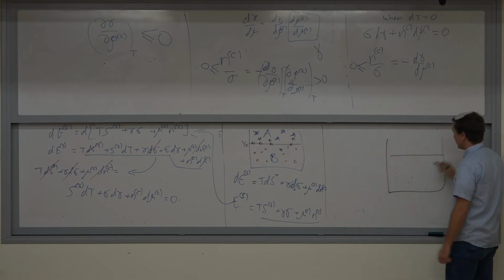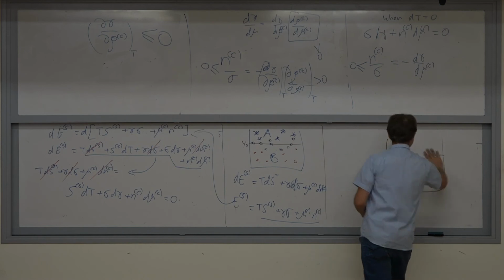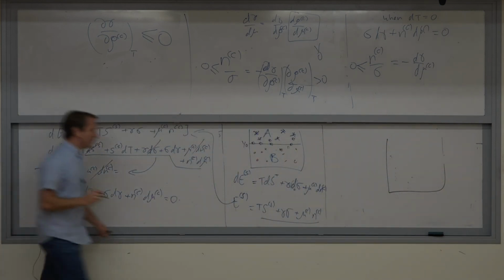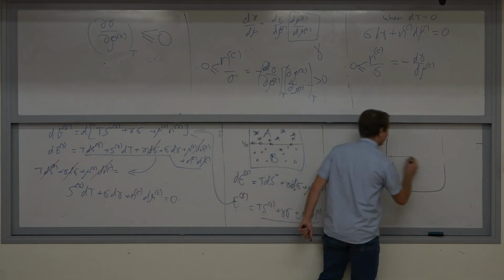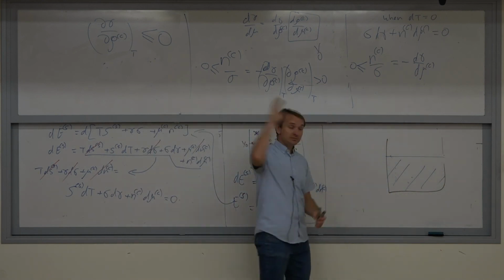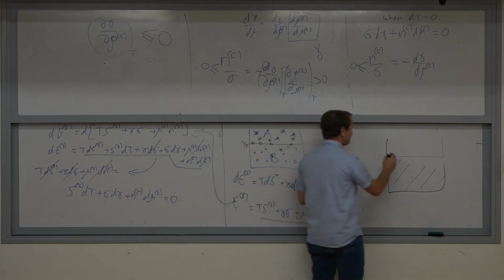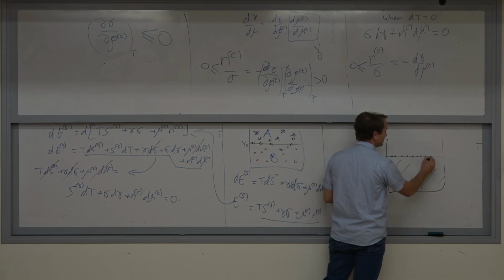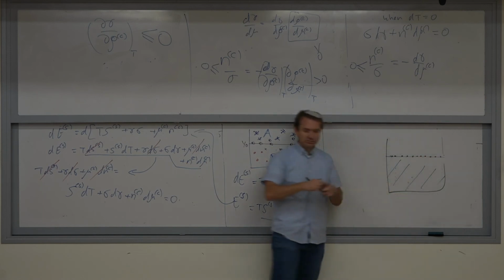It has water inside. So let's make it blue. You have water inside. You spread the pepper on top of it. It floats. Why does it float? Because of the surface tension that I've already told you about.